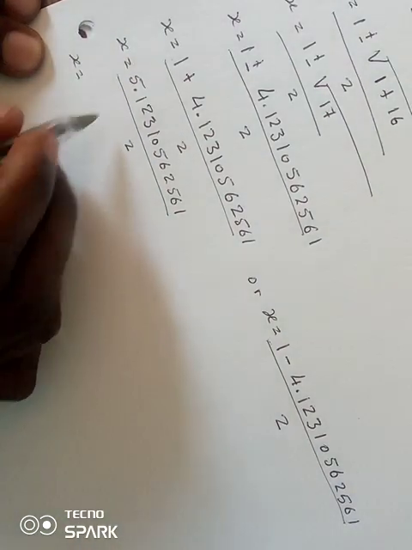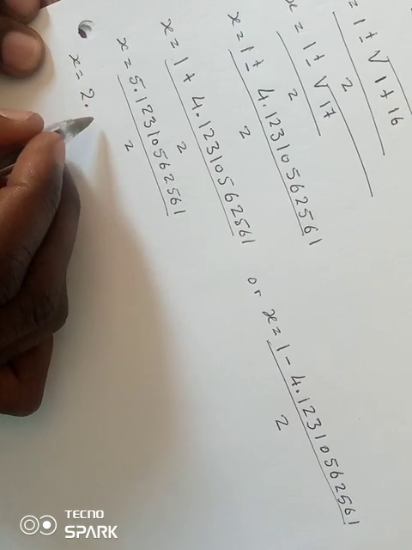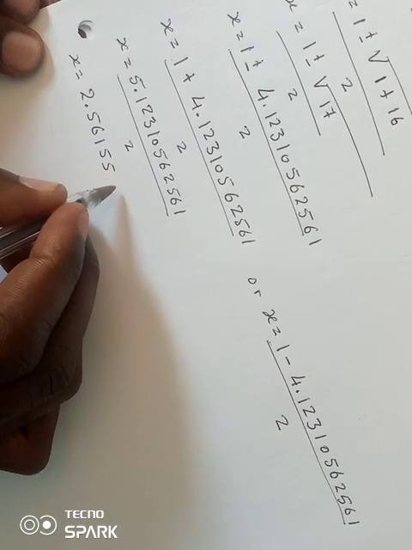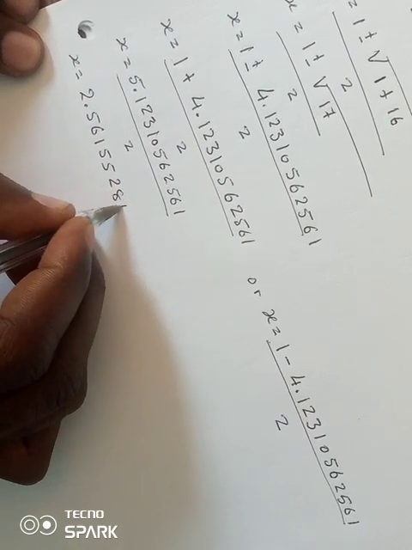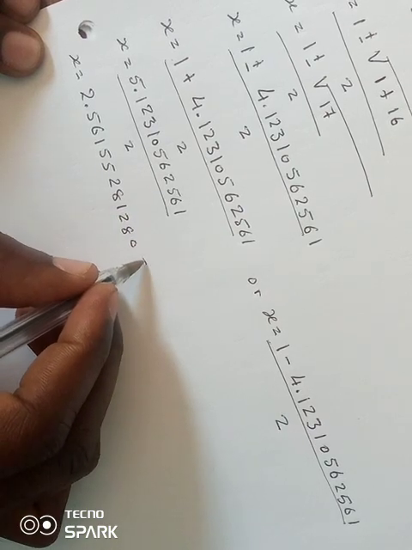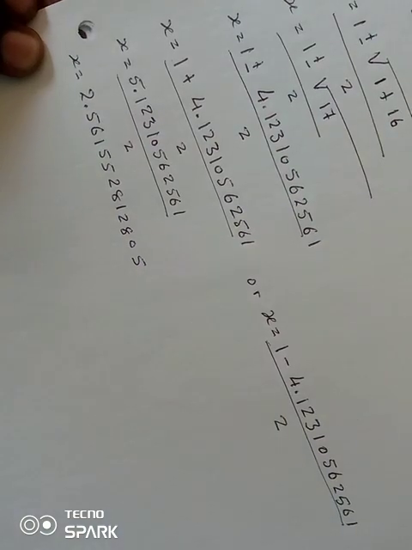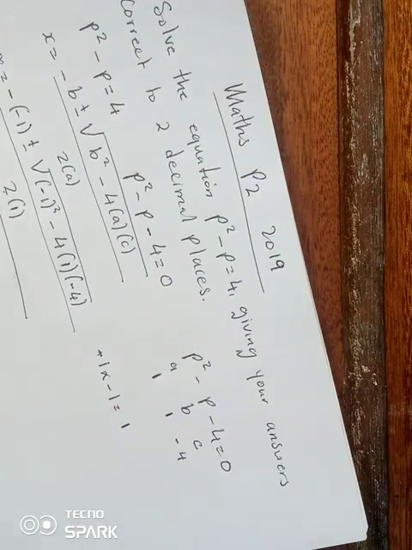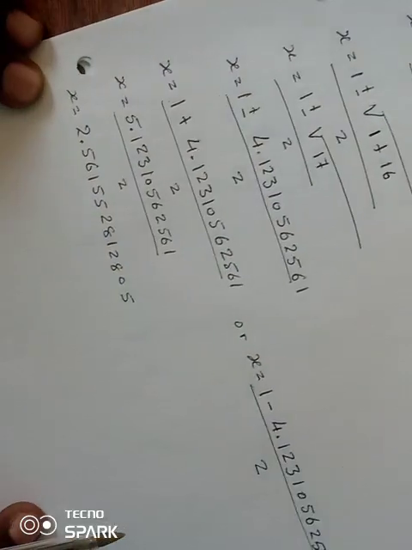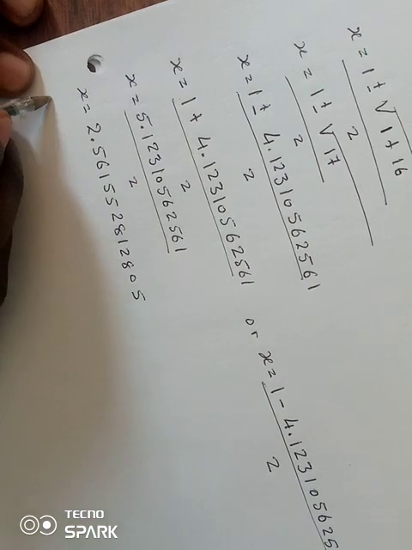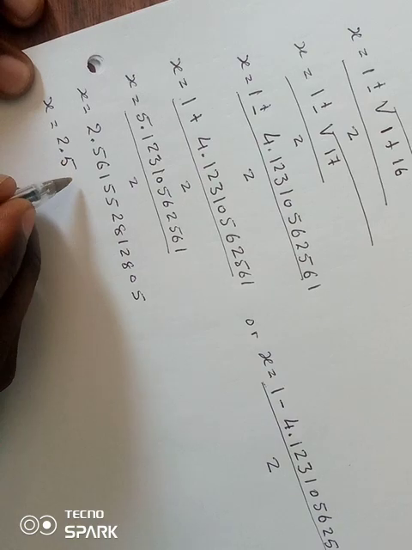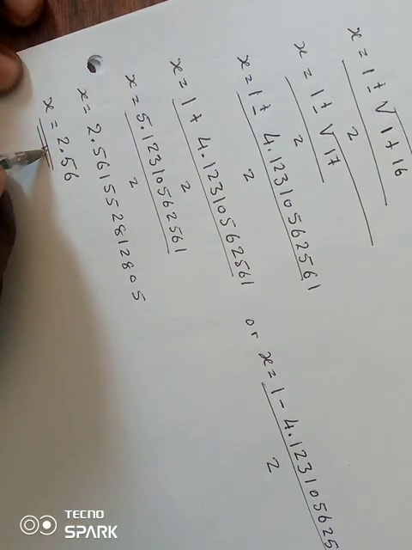So that will give us 2.5615528012805. Now here, the question says we must correct it to 2 decimal places. So therefore, our answer will be 2.56. So this is the first value of x.